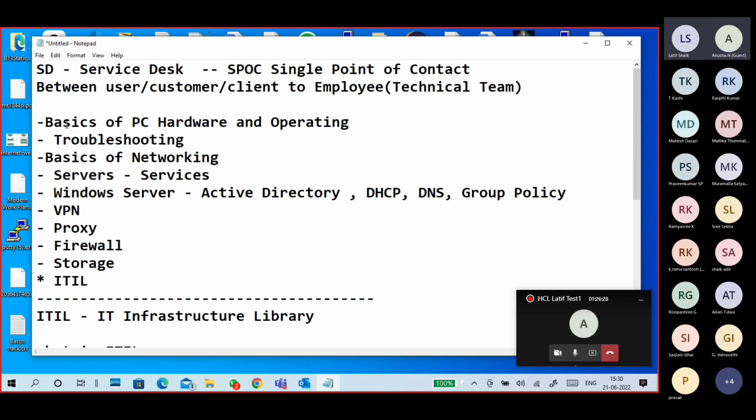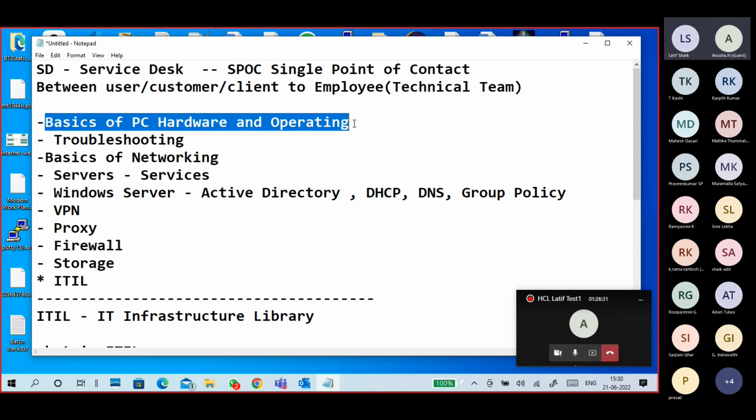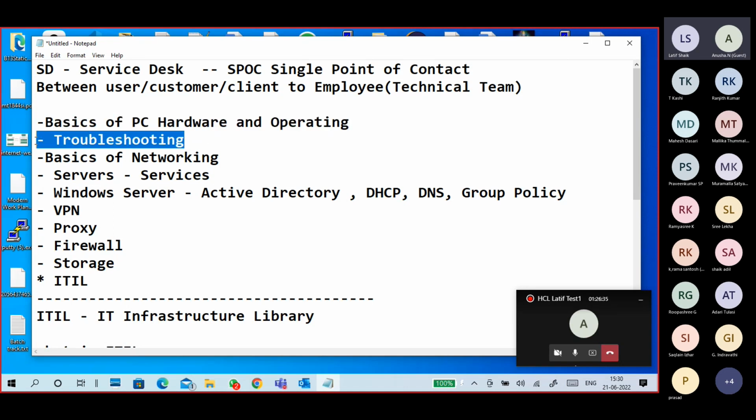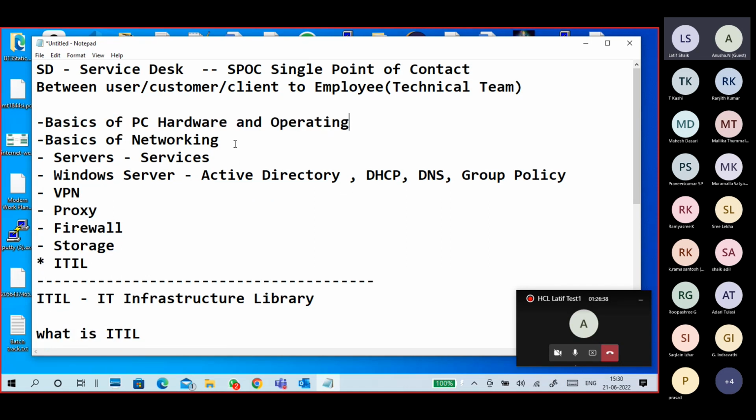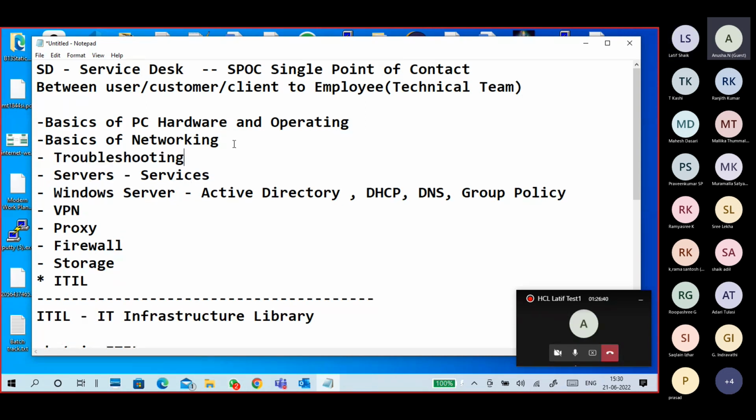Again, guys, we must know the basics of hardware, operating system, and networking, and their troubleshooting. Different types of servers and their services. What is in Windows servers, specifically what is Active Directory, what is the use of Active Directory, what work-related things come in Active Directory, what is DHCP, what is DNS, and if possible, what is a workgroup.